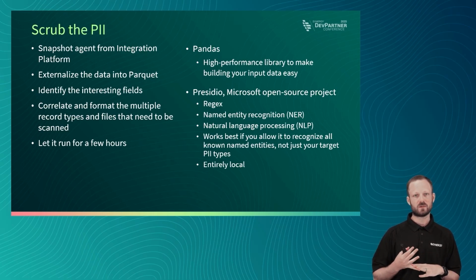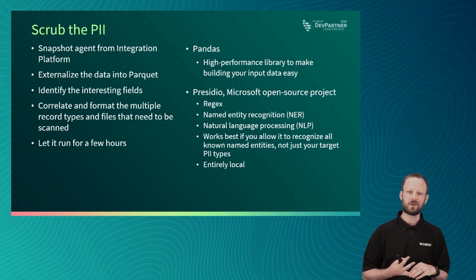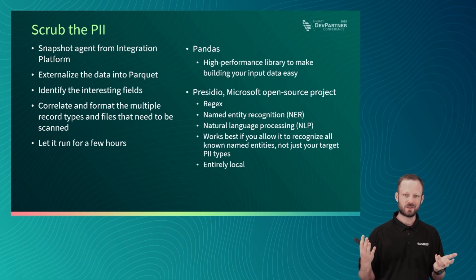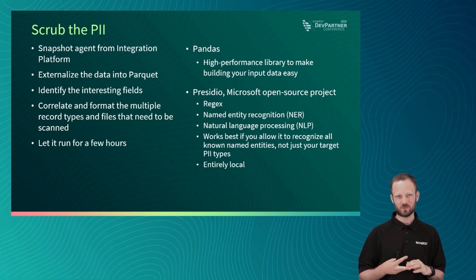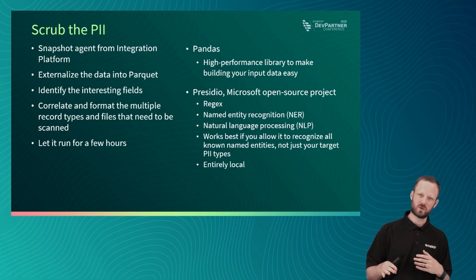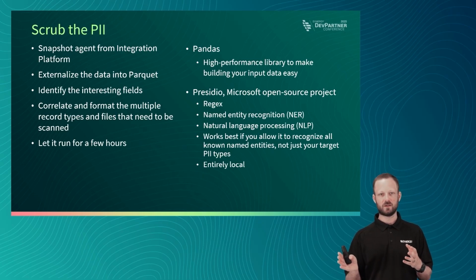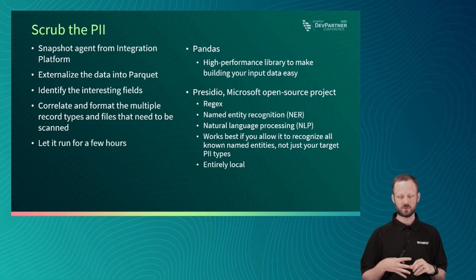So to do this, we used a library called Pandas. We use it from Python. I generated this Python entirely from ChatGPT. It was pretty easy. It was my third attempt before I got it right, but it wasn't that hard. And we're leveraging a piece of open source from Microsoft called Presidio. This is kind of a blend of traditional recognition and ML-type recognition.